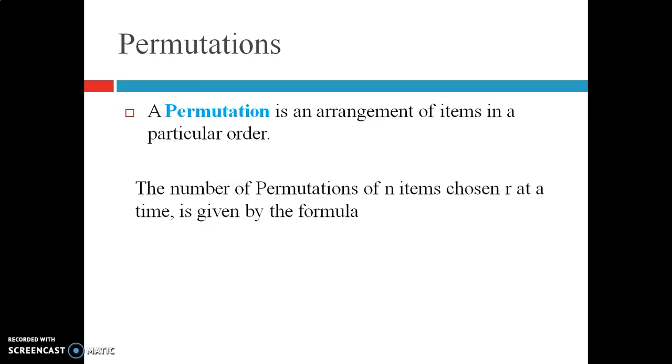The number of permutations of n atoms chosen r at a time is given by the formula nPr is equal to n factorial upon n minus r factorial, where r is greater than or equal to 0 and r is less than or equal to n. In this case we take r atoms from the given atom set at a time and then find the number of arrangements using this formula.